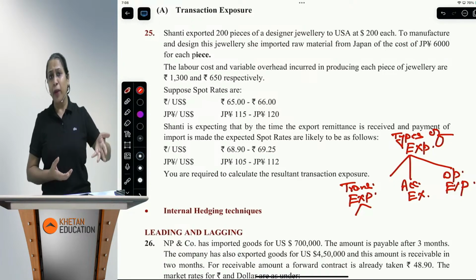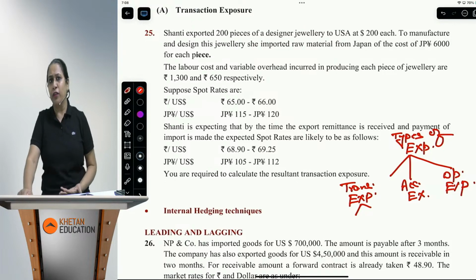Because I am not paying now, I have some kind of risk, and that is called transaction exposure. I am facing a risk because I entered into some transaction, like export, import, borrowing, investment. Now we need to hedge that situation. You cannot eliminate the risk.